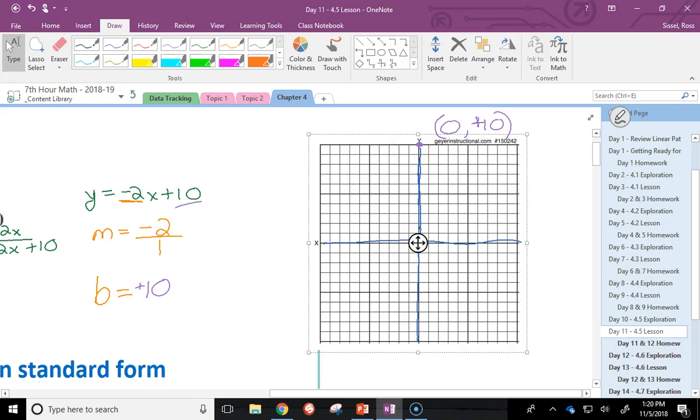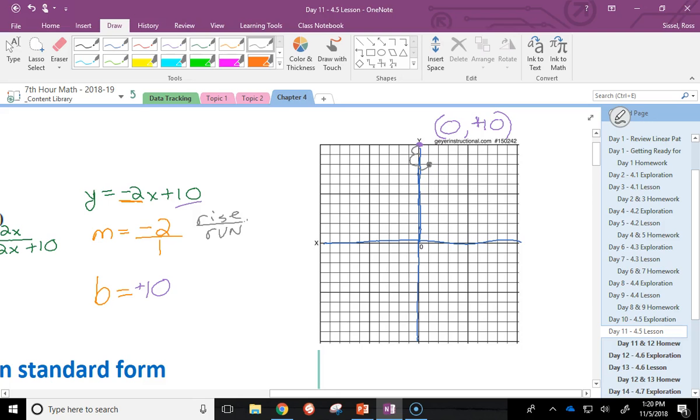Because of that, I can find every other point with my slope. My slope was negative 2. And we said negative 2 over 1. That's rise over run. So I'm going to go down 2. 1, 2. Over 1. There's my new point.